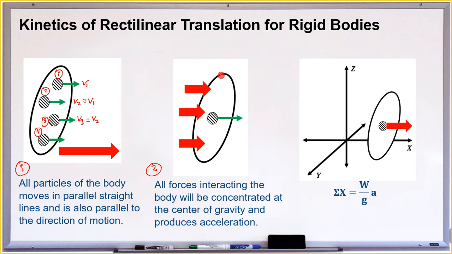In the second picture, we have the same object represented by this oval. In order to simplify our analysis, we just pick a single particle that would represent this entire object. Whatever the size of the object, we just consider this as a particle, not a body that comprises several particles.